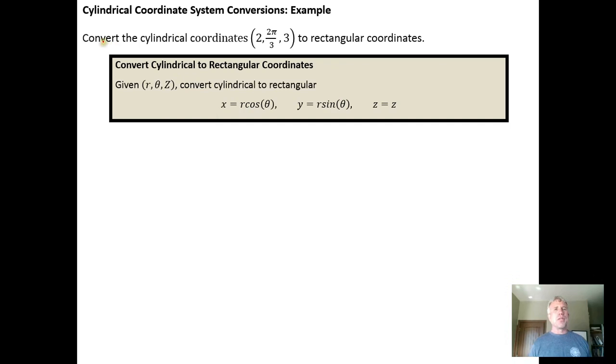So the first one here says convert cylindrical coordinates to rectangular coordinates, and we recognize that cylindrical coordinates means that we have r, theta, and z. So it's just simply a matter of using those relationships that we established when we did polar coordinates and then throwing in the z equals z. So our coordinate in the cylindrical system is 2, 2 pi over 3, and 3.